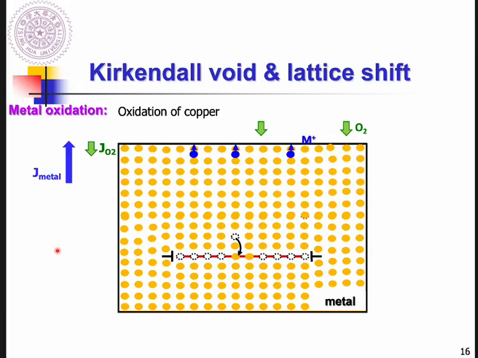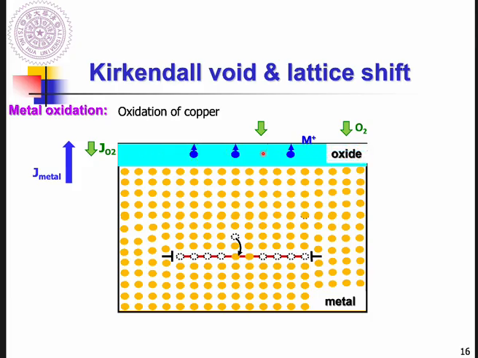We have a metal, and the flux of these metal ions goes upward. You can see the metal ions with positive charge. Because we flow gas oxygen, we can also observe the flux of oxygen moving downward.